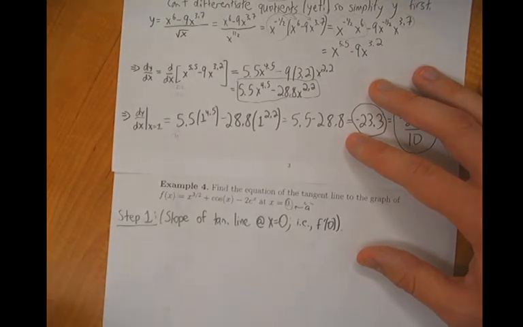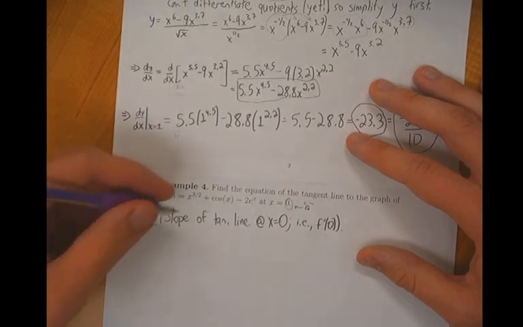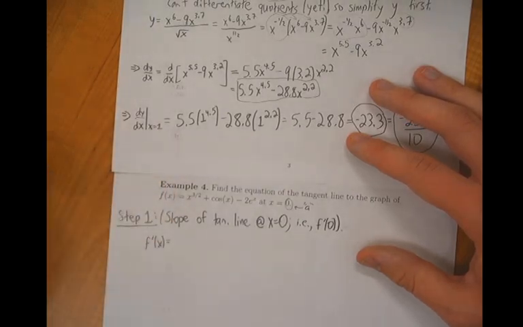Now the good news is that this step 1, now that we know these derivative shortcuts, will take significantly less time than it did last time, because last time had a bunch of nasty computations for step 1. So all we have to do now is use our differentiation shortcuts to figure out f prime of x.